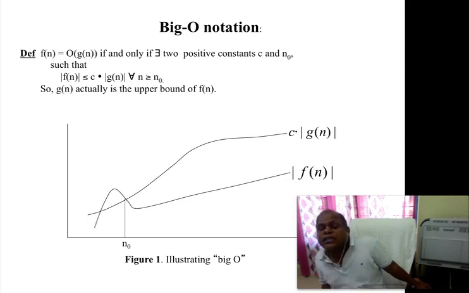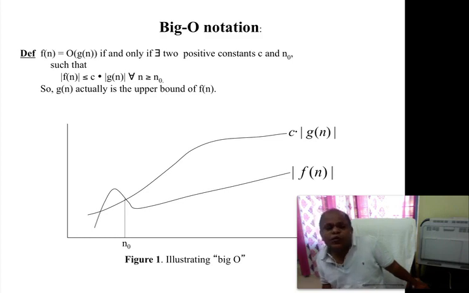Suppose there is a function f(n) whose order of growth we want to know, and how this function's order of growth is upper bounded by another function. If f(n) is a function and g(n) is another function, we say f(n) is equal to big O of g(n) if and only if there exist two positive constants c and n0.